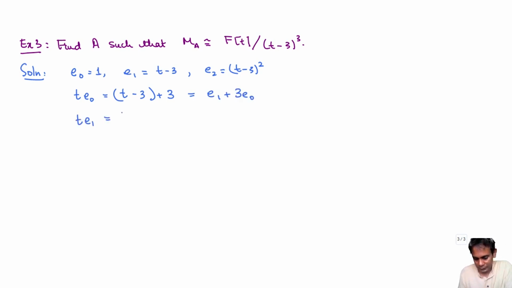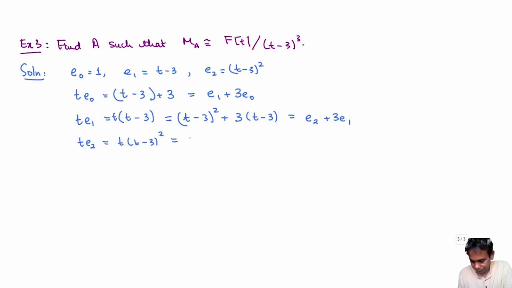And t E1 is t into (t minus 3), which is (t minus 3) whole squared plus 3 into (t minus 3), which is E2 plus 3E1, and t E2 is t into (t minus 3) whole squared, which is (t minus 3) whole cubed plus 3 into (t minus 3) whole squared, but (t minus 3) whole cubed is 0 in this module, and so this is just 3E2.